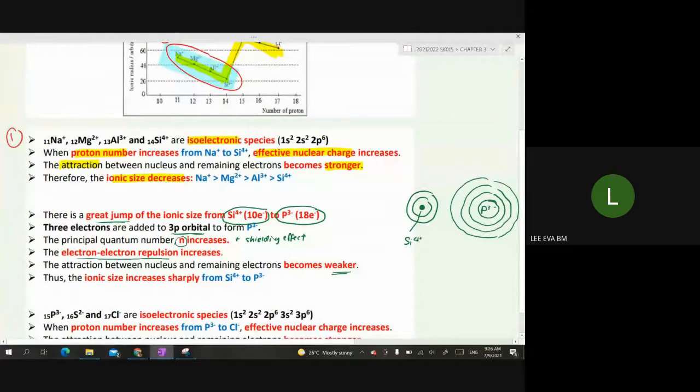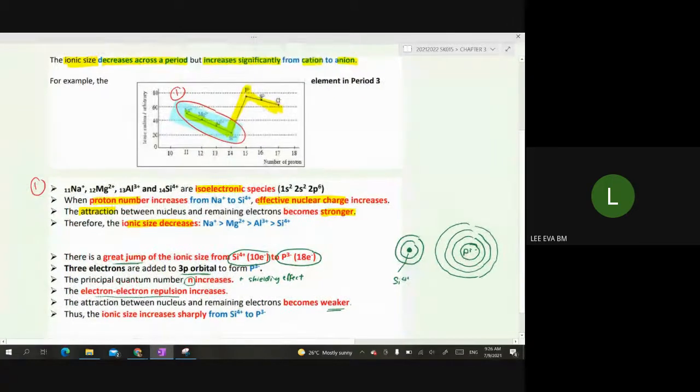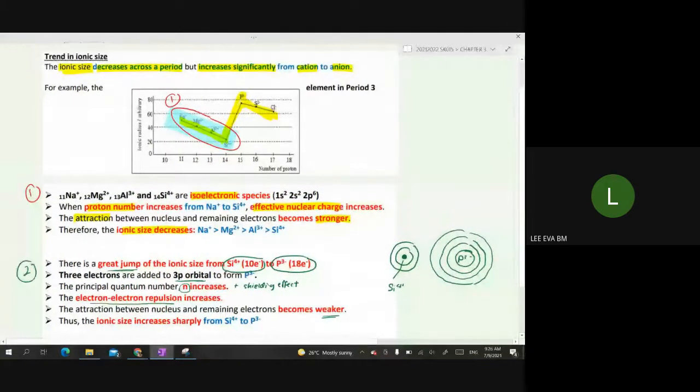And you have a sharp increase in size for the phosphorus 3 negative. Okay, ionic size increases sharply from Si4 positive to P3 negative due to this repulsion. Okay, so the second explanation, second paragraph over here, refers to the trend in the diagram for part 2.